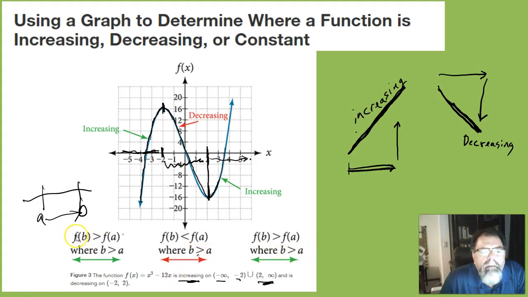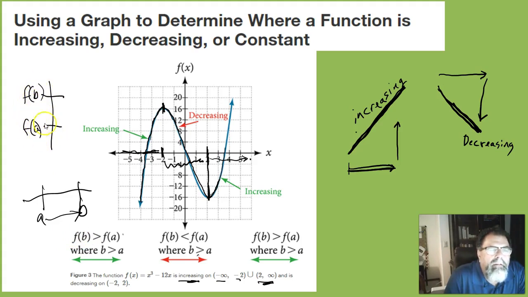And then these are the y values. So f of b is greater than f of a, right? So if we start at a, we're going from left to right, this is going up. And then this one will be going down. f of b is smaller, right?